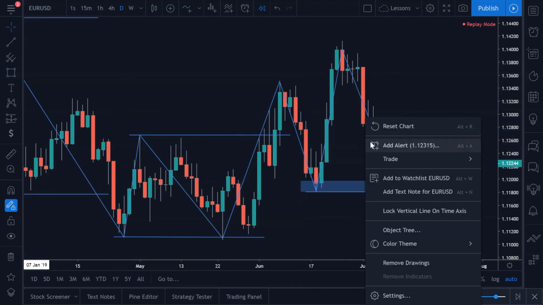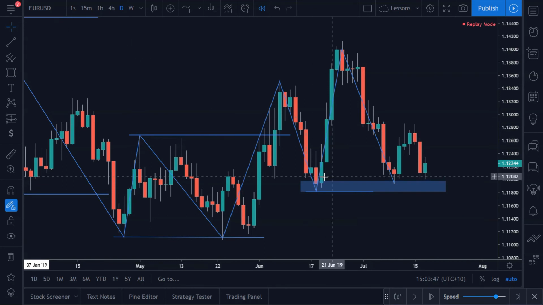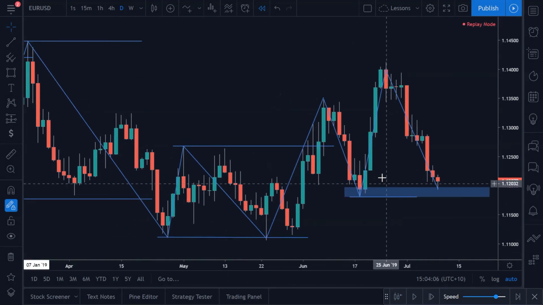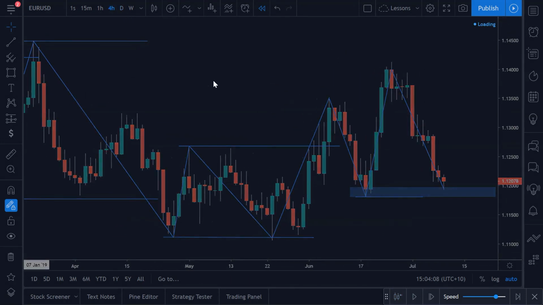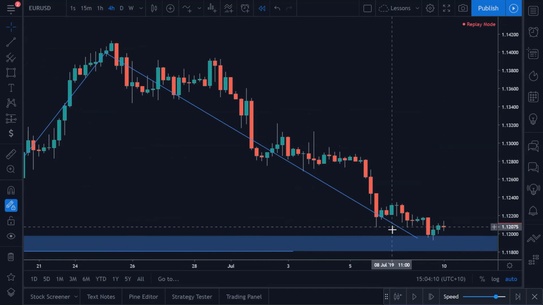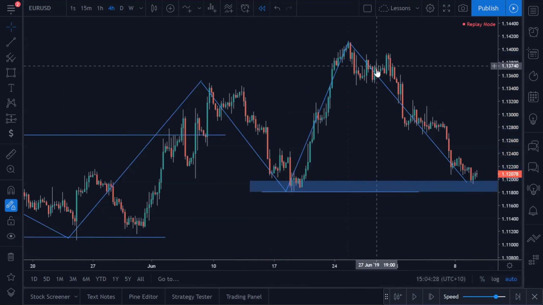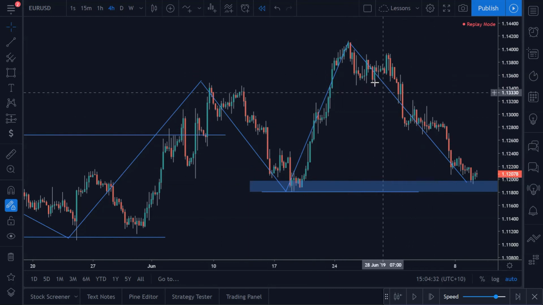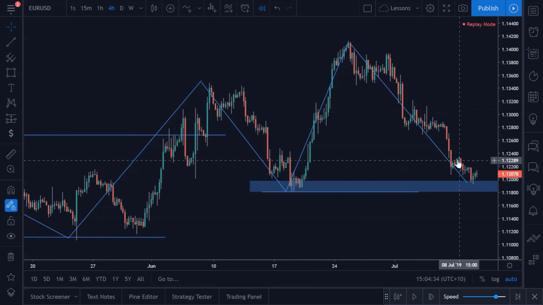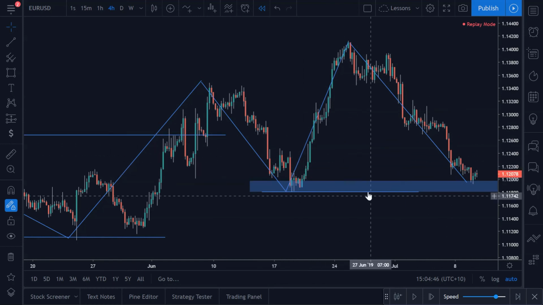We pulled right down into that zone and failed to close below it. So depending how you trade, there may have been a trading opportunity down at these lows. You drop down to your 4-hour chart and look for price action patterns in this zone. So remember, even though we're now on the 4-hour chart and this is a bearish trend happening, we've got lower highs and lower lows, the daily trend has just turned bullish.